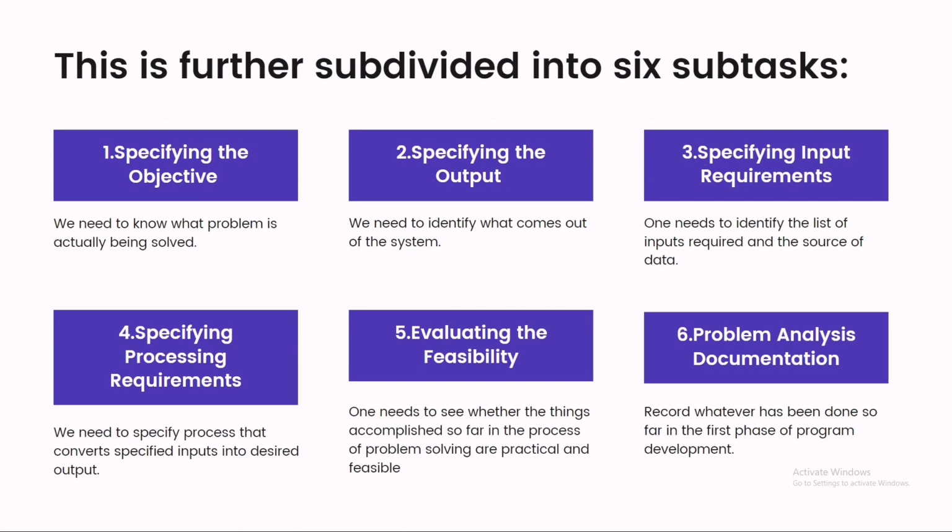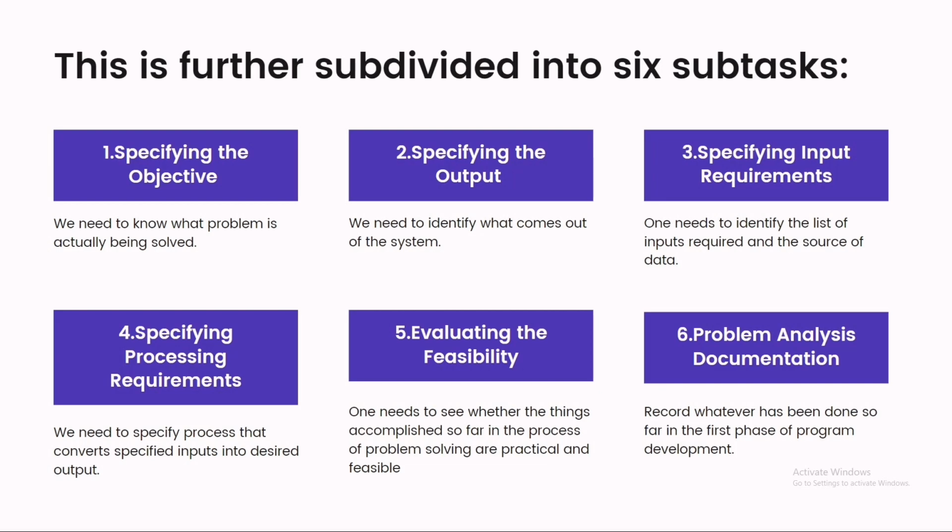And then specifying input requirements: identifying the list of inputs required and the source of data. What do we need, for example what materials, or any other programs or references we can use as inputs and source of data for our problem analysis.